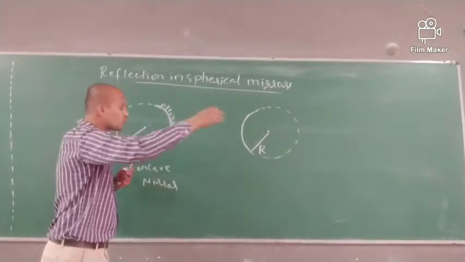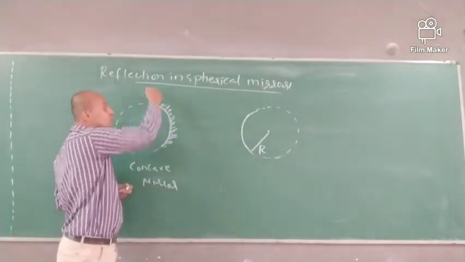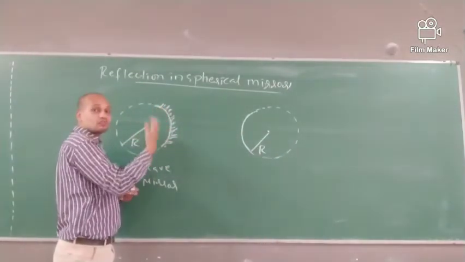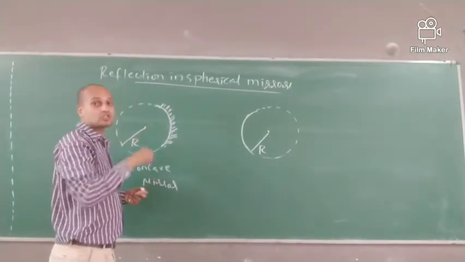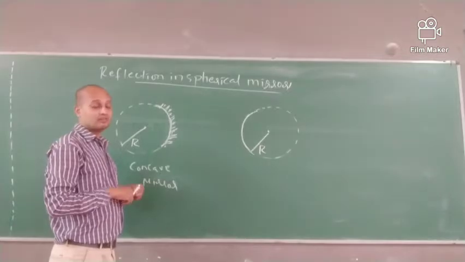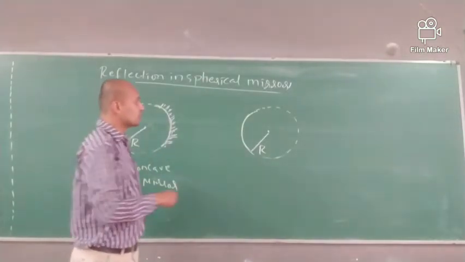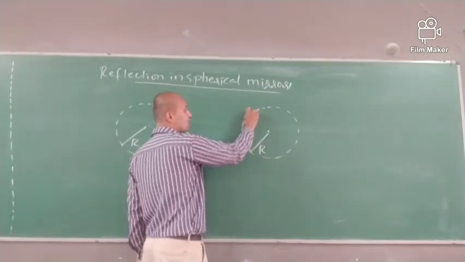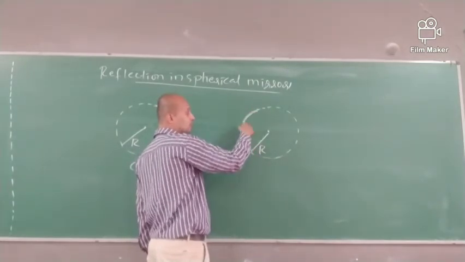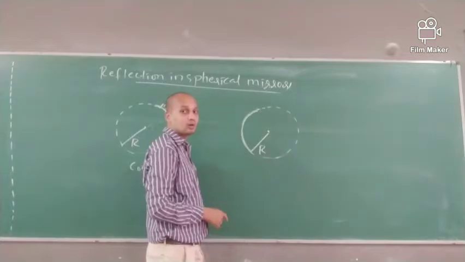If the diameter is more, the aperture will have more space available for reflection of rays. How much of the circle I am taking leads to the aperture.